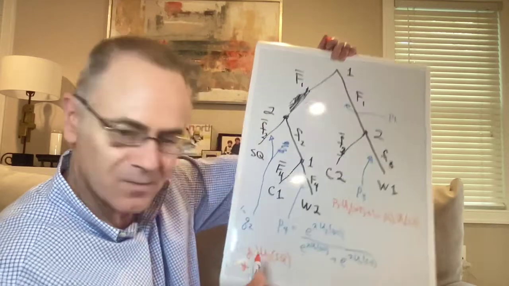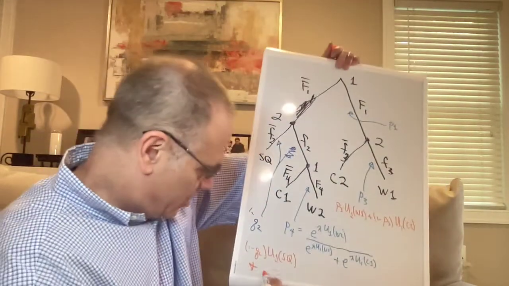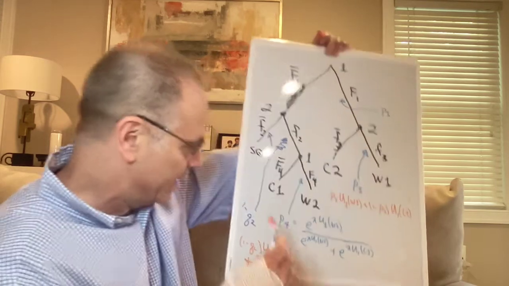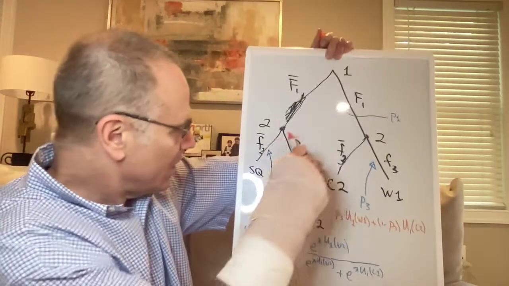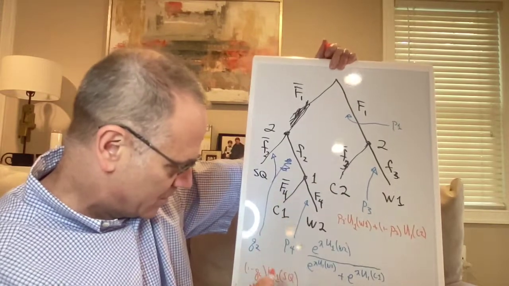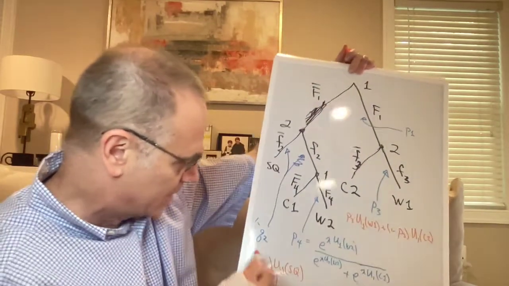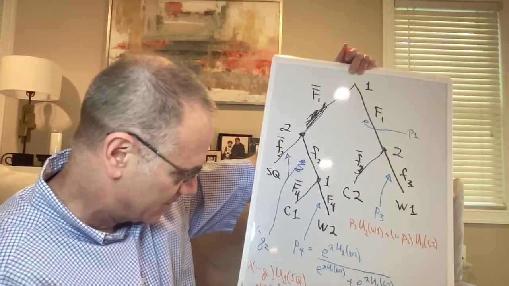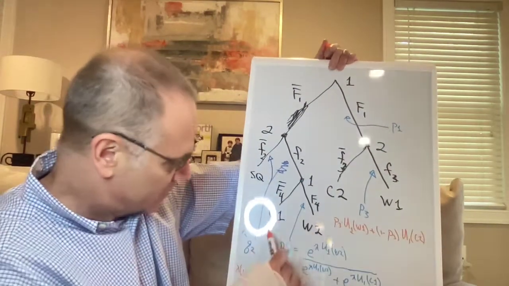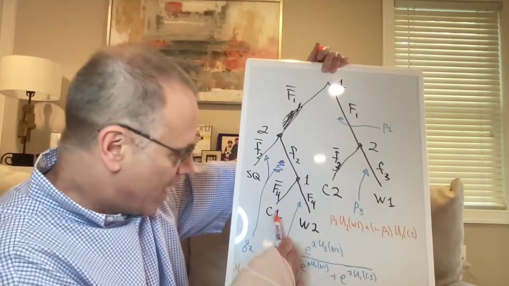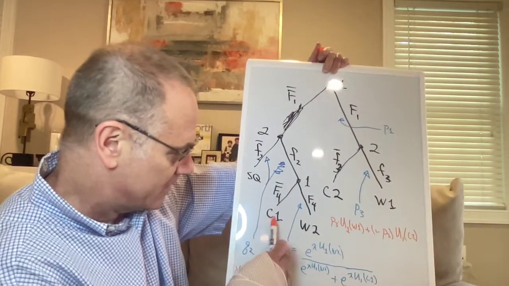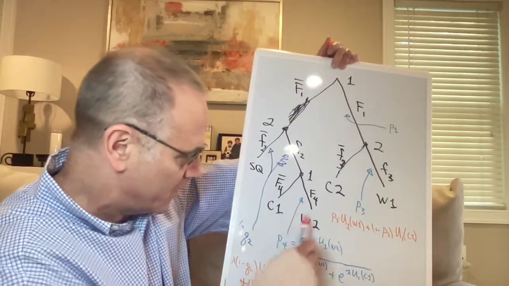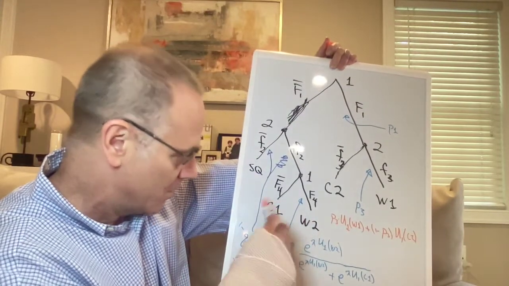plus Q2 times, okay, I'm going to put a big brace, Q2, you know what, I actually need lambda times this, lambda times Q2 times, all right, the weighted average of C1, where the weights are P4 and 1 minus P4.